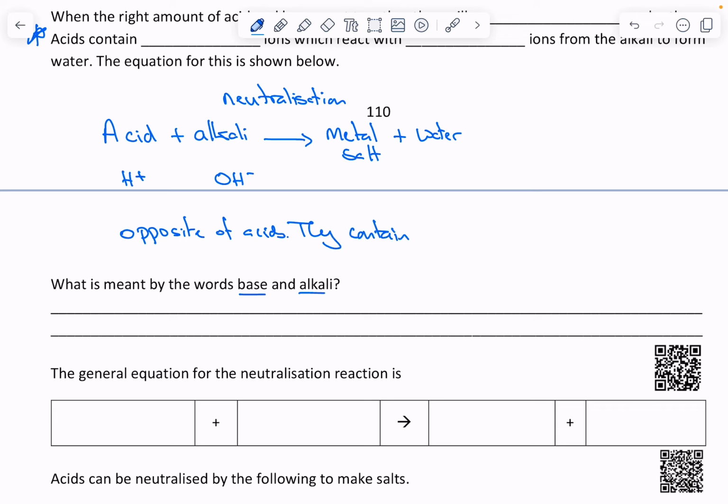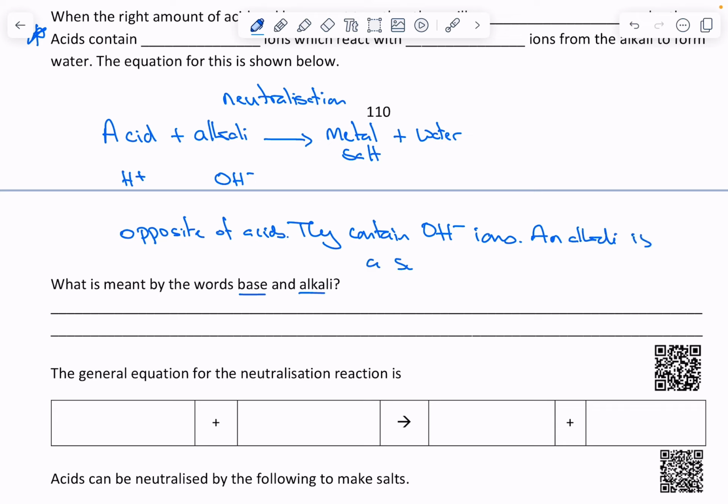They contain hydroxide ions, and an alkali is a soluble base. So an alkali is a soluble base. Okay, again, good point to pause the video, fill in the bits that we've talked about, and then when you're ready to start, we'll finish the next little bit.